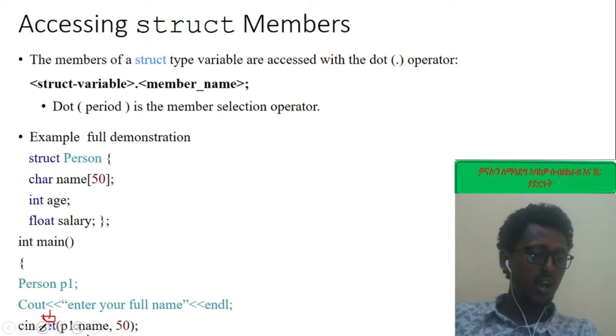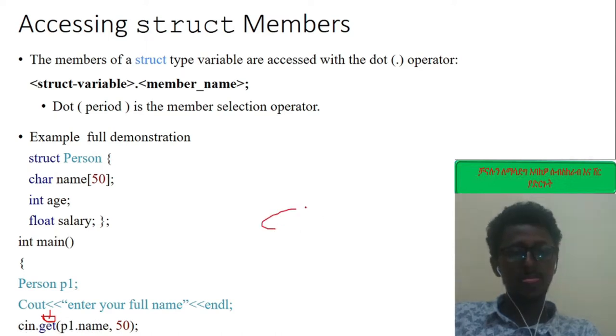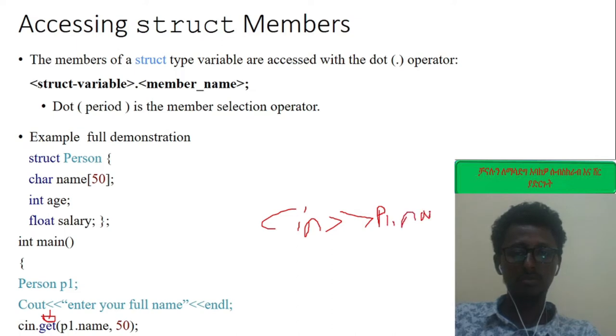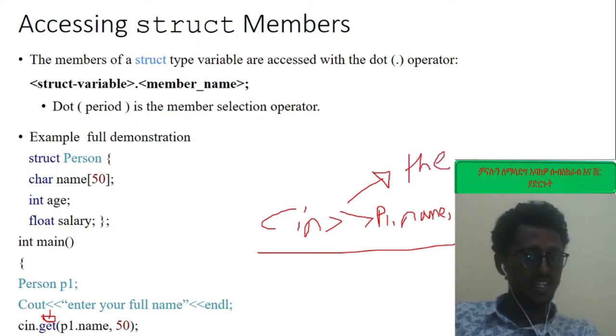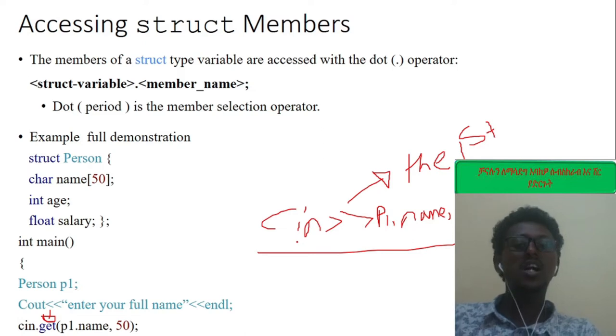But if we use cin >> p1.name, it only accepts the first name, not including the second name, because cin only reads up to whitespace.